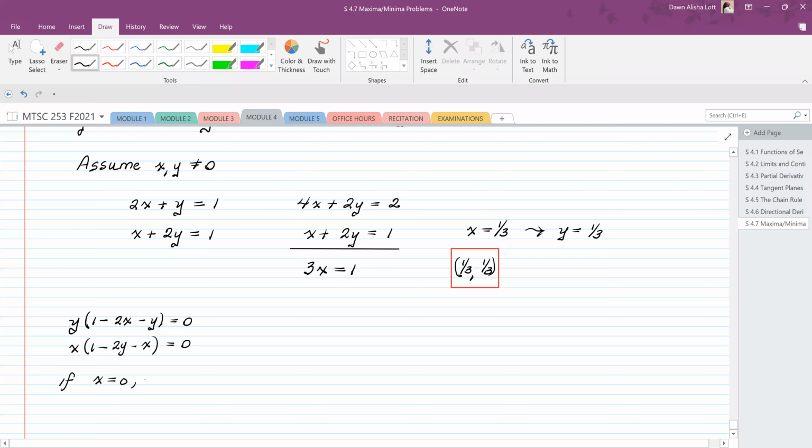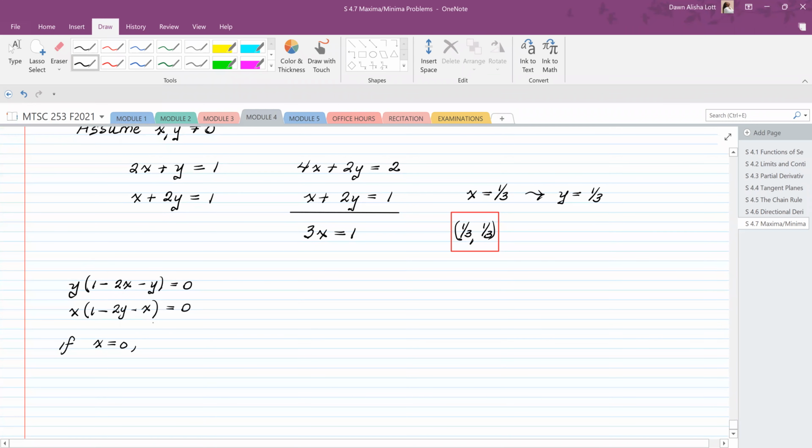If x is equal to 0, then the second equation is automatically satisfied. But let's look at the first equation. If x is 0, y can be 0, which we already got, or 1 minus 2x minus y can be 0. So that says 1 minus y is 0, or y equals 1. So we get the point (0, 1).